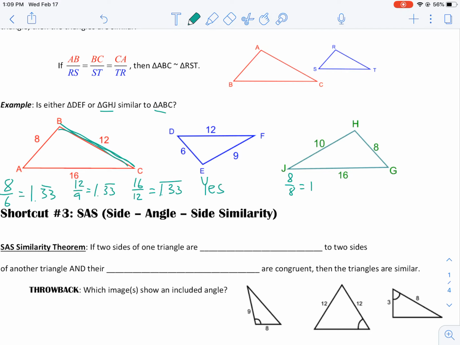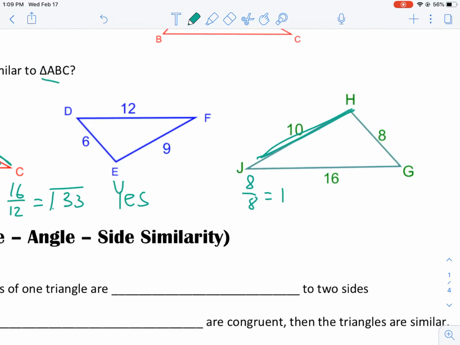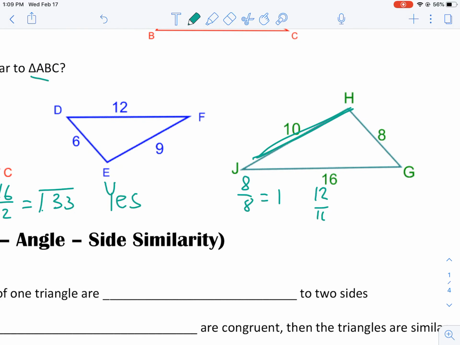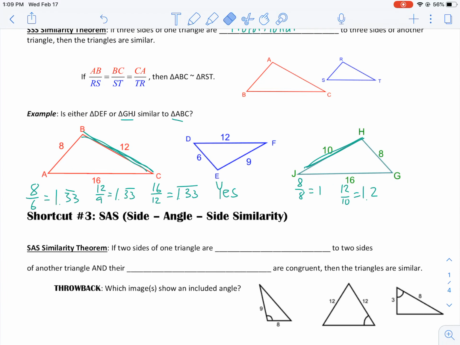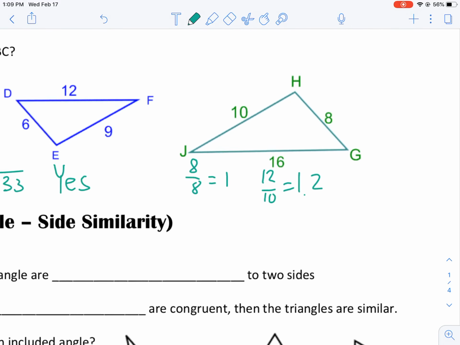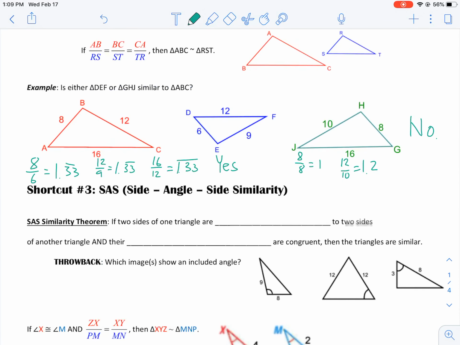BC is similar to HJ. Now BC is 12 and HJ is 10, so that gives us a ratio of 1.2. Because those numbers are different, we say no, they're not similar. That's basically what you're doing when you're checking with these side lengths.